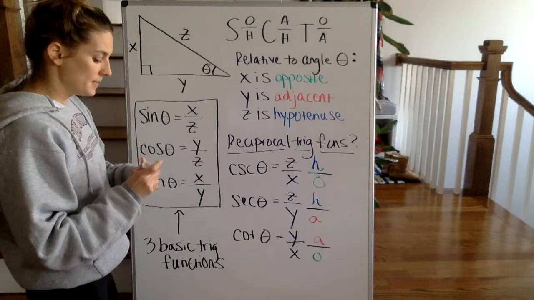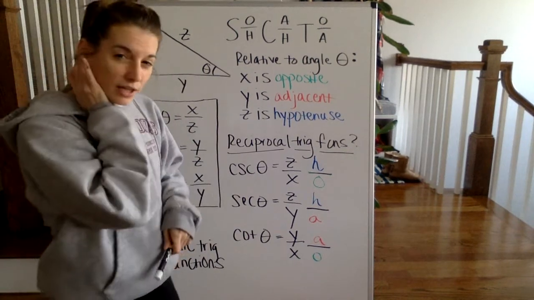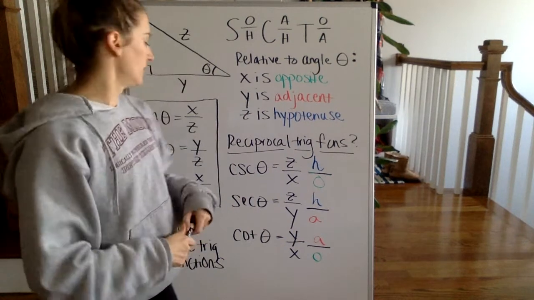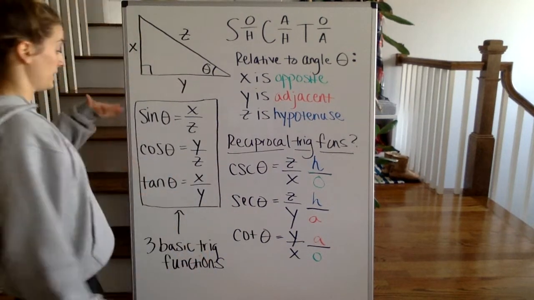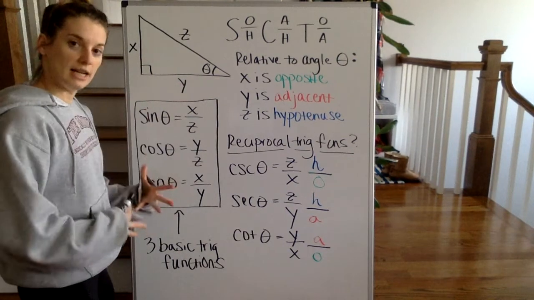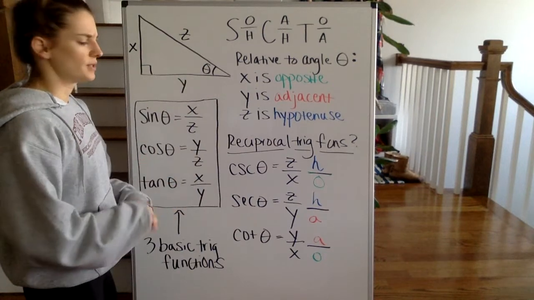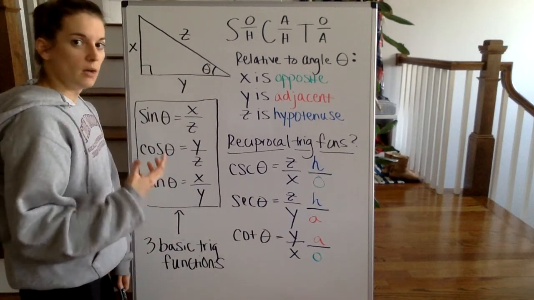All right. The other important thing here is that what you may notice on your graphing calculator, there are no buttons for cosecant, secant, or cotangent. There are buttons for sine, cosine, and tangent. There are buttons for sine inverse, cosine inverse, tangent inverse. Okay, so then the question is, well, how can I evaluate these on my calculator? Well, it's not so bad.